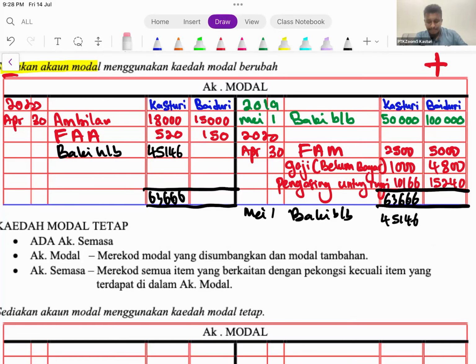Okay, if you're done, can I balance up the Baiduri? I think Baiduri also credit side is bigger. Credit is 125,040 minus 15,000 minus 150.